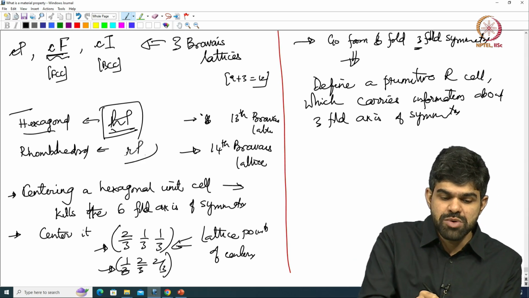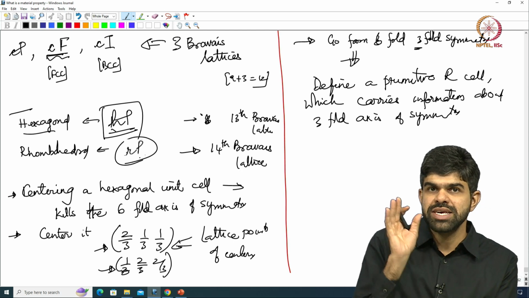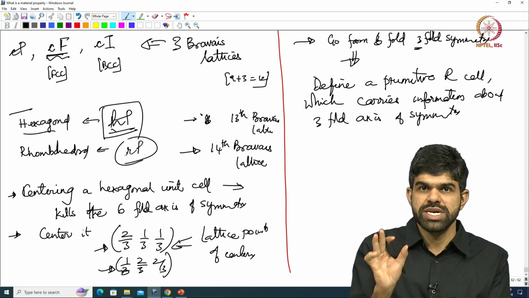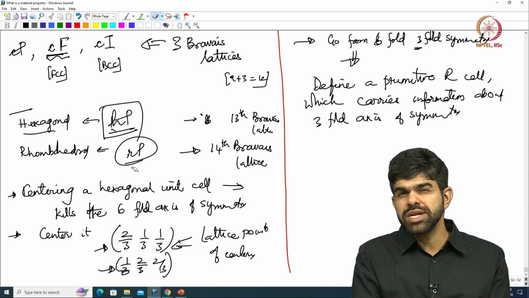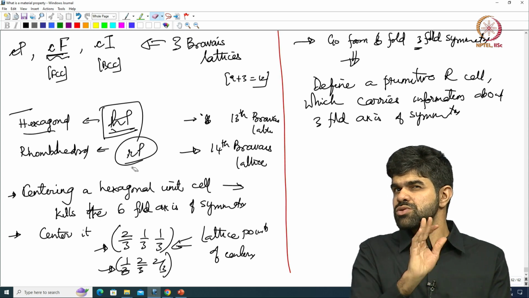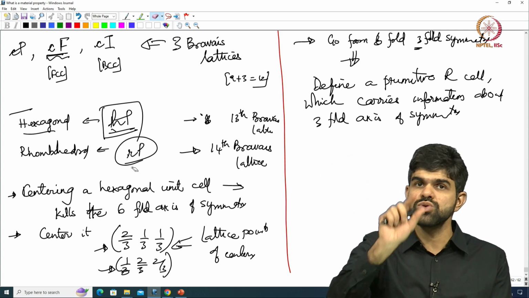Now, if I manage to center it in this fashion, I can get to a primitive rhombohedral cell, which I can define as a proper unit cell. Primitive rhombohedral cell looks like a centered hexagonal cell, but you have killed the 6-fold symmetry, you have come down to 3-fold symmetry.